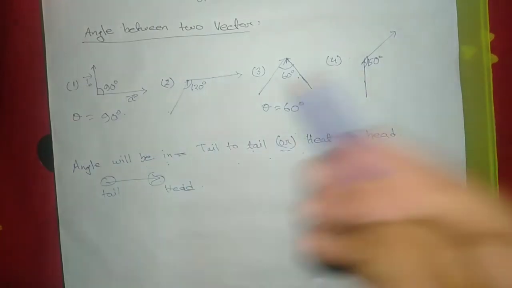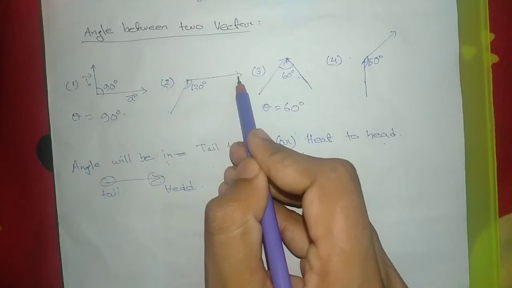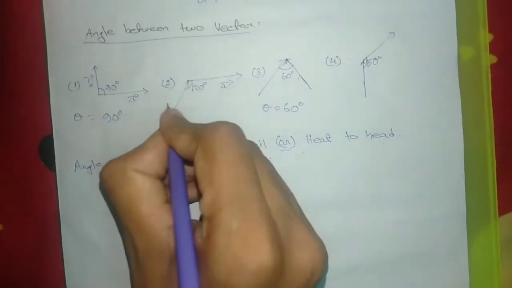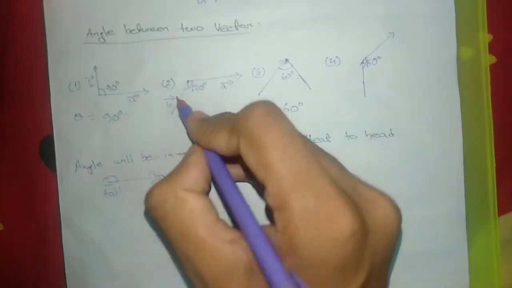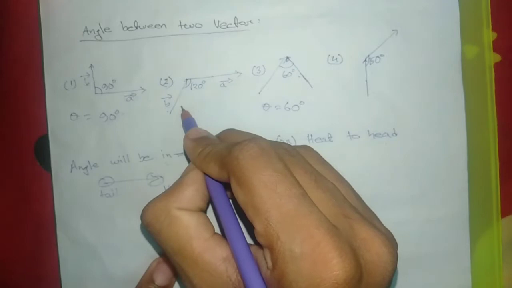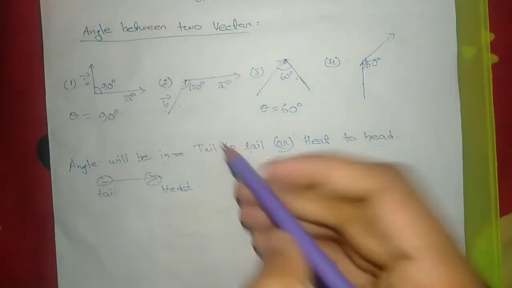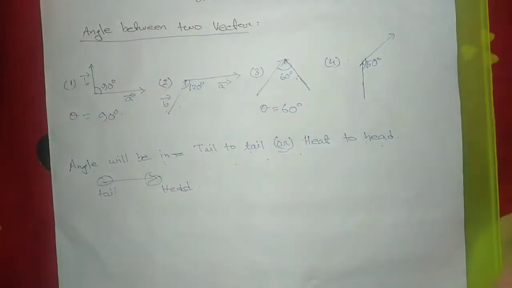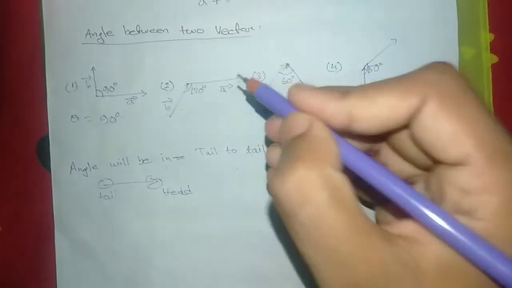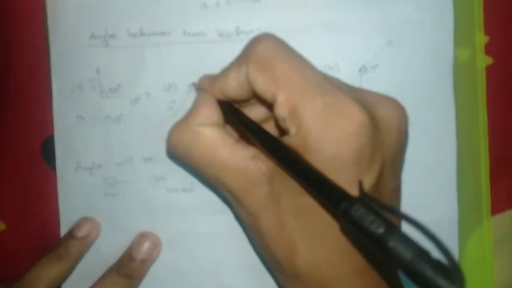But if you see carefully, in number 2, the head is here and the tail starts here. Okay, this is a vector and this is b vector. Now in the parallelogram law you can write it in this way.